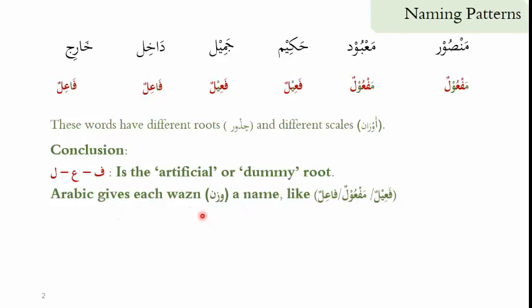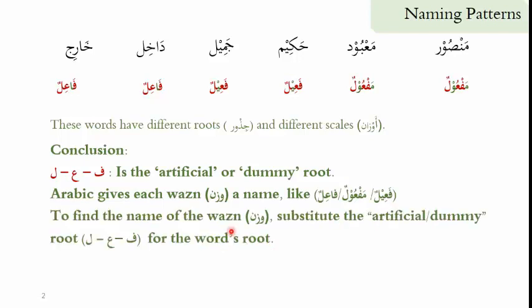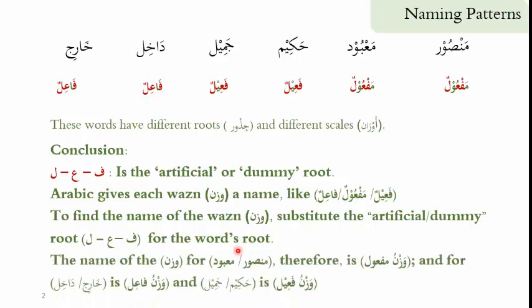Arabic gives each wazn a name, like the wazn fa'il, the wazn maf'ul, and the wazn fa'il. To find the name of the wazn, substitute the artificial dummy root fa'ala for the word's root. Okay, that's what you have to do. The word is there, you put in the artificial root into it, and then you would get this scale, inshallah, in the end.